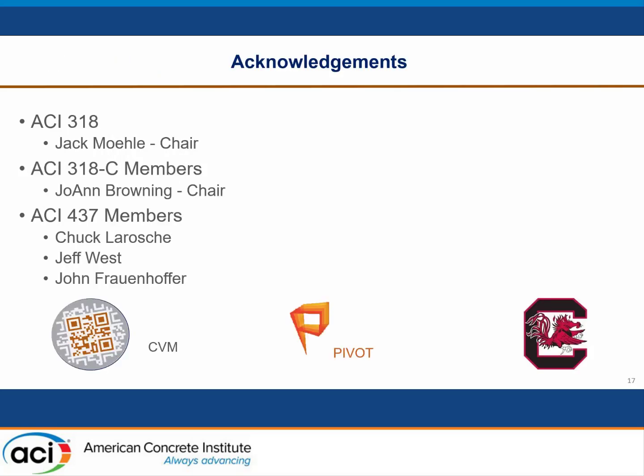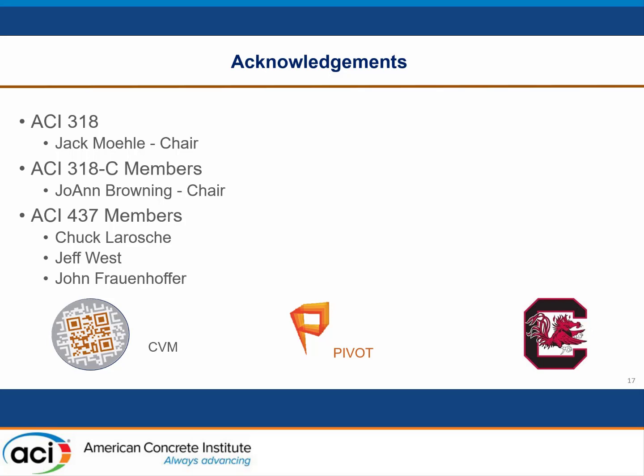Some acknowledgements. A key person in this was the ACI 318 chair, Jack Maley. He wanted to get this done. He basically got out of the way, assigned it to a subcommittee, and that was it. He let people do their jobs. Joanne Browning is subcommittee chair for ACI 318. She was basically there 100%, recognized the need to do this.